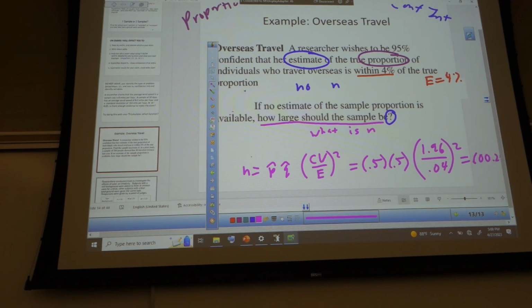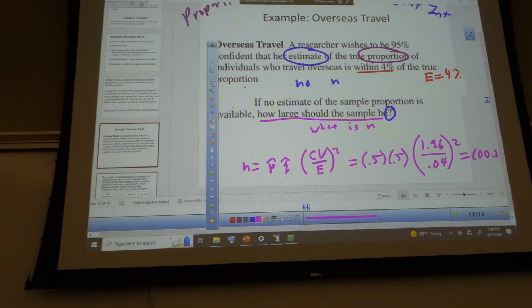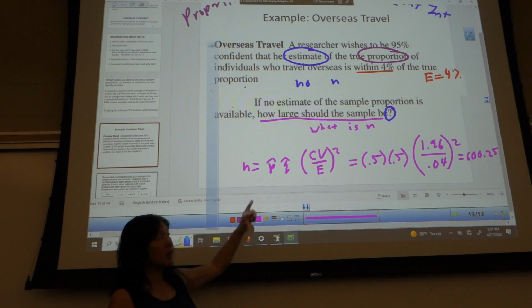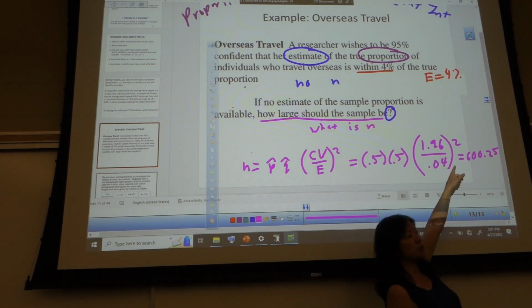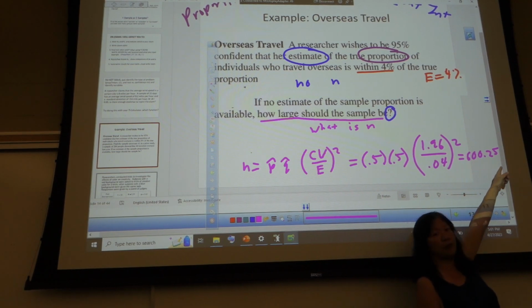Now, can I ask 600.25 people? No. If you look at your formula on your formula sheet, it says minimum sample size. Does everyone see that? Because it's the minimum, I cannot make it 600. I need 600.25. That is the minimum I need.